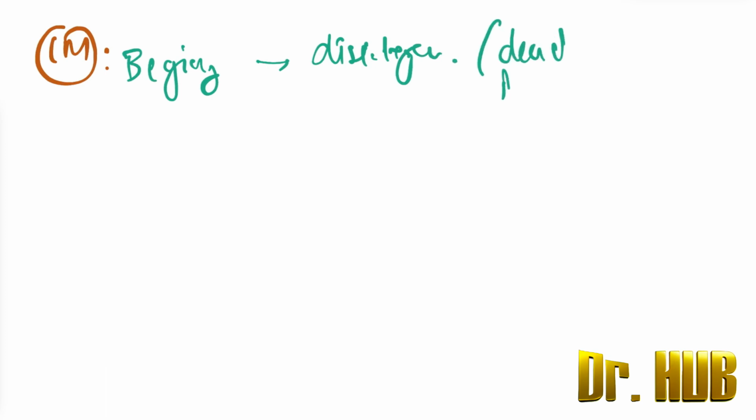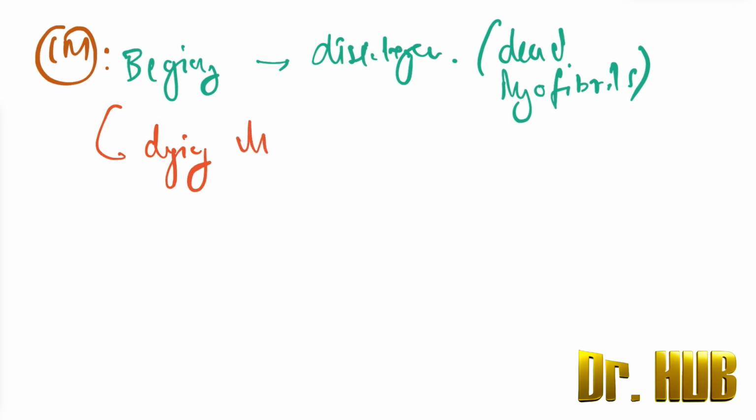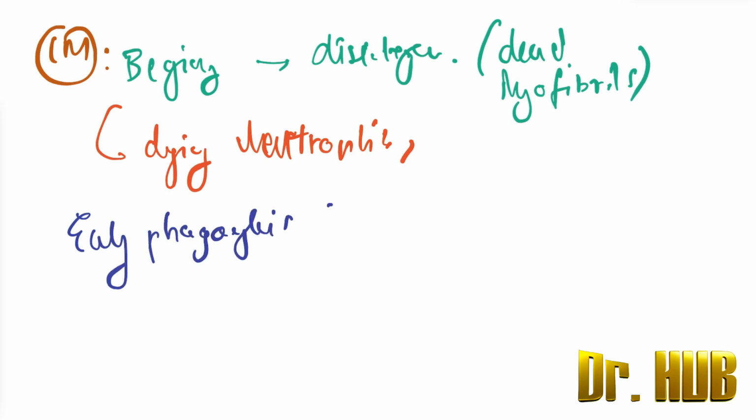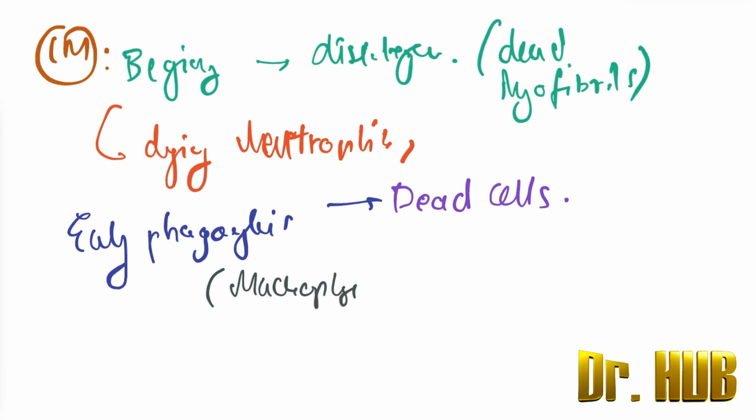Under the light microscopy, there is beginning disintegration of the dead myofibrils, and there are dying neutrophils, as well as early phagocytosis of the dead cells by the macrophages at the infarct border.